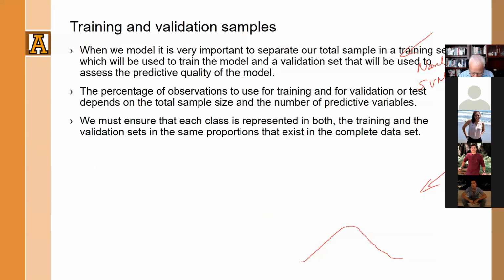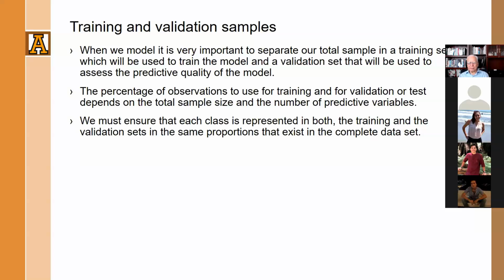Now, the other thing that we should keep in mind, that confusion matrix that we just saw was computed based on the same sample that was used to train the linear discriminant function. Okay. What we will always be doing in the class, because it's good practice, it's very important, is to separate our data into a training data set and a validation set.